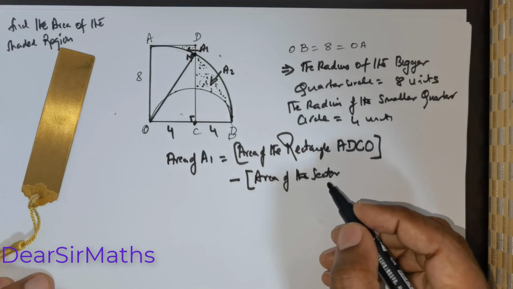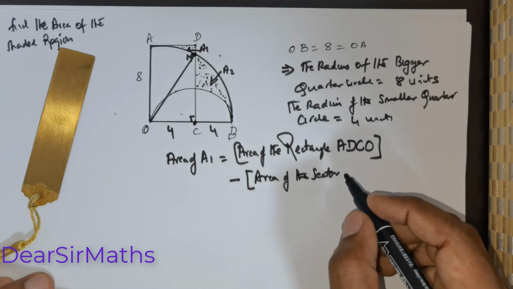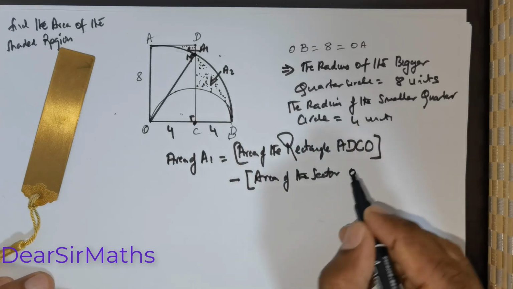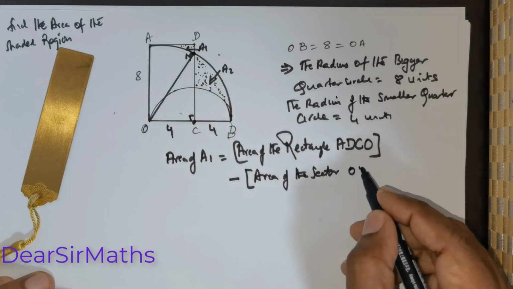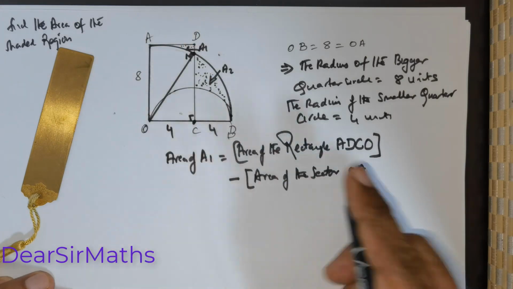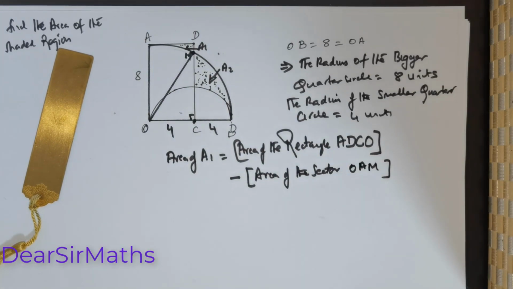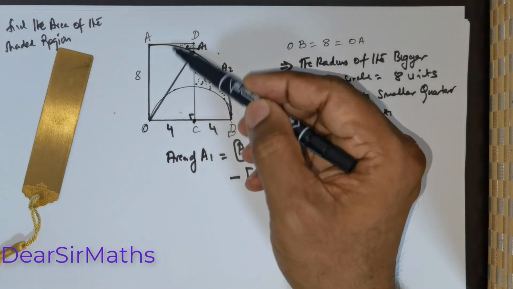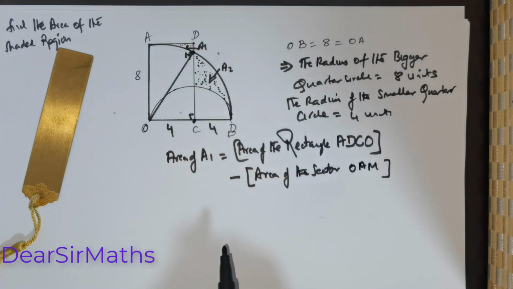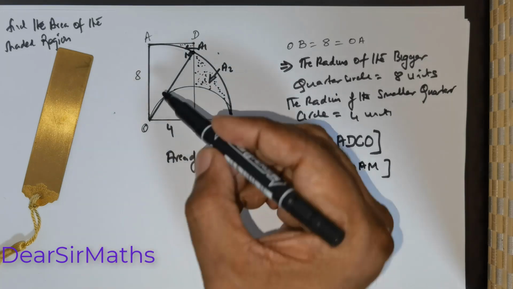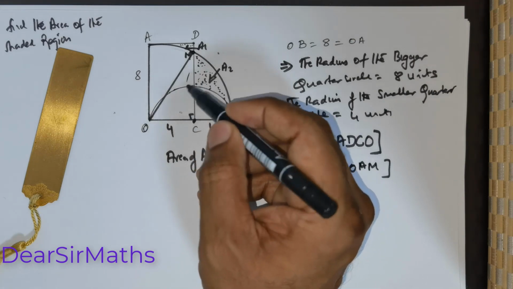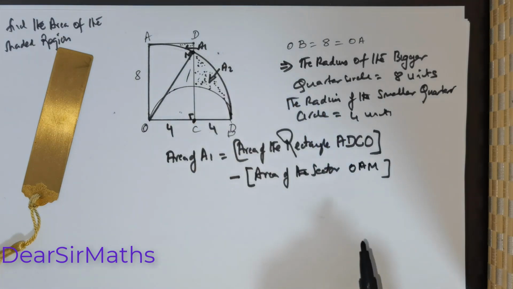So I am going to subtract the area of sector OAM. I'm going to take this out from the rectangle. Okay, does it satisfy my solution? But still I have got this triangle.